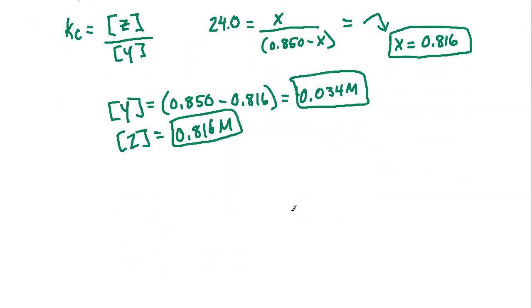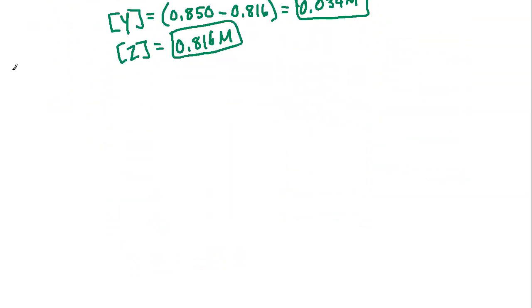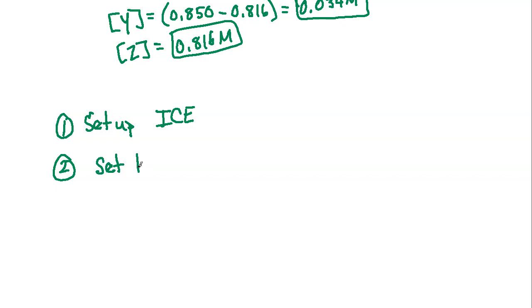All right, so just to recap the steps here before we break out into a slightly more difficult equation. Step number 1 that you want to observe is to set up your ice table. So your ice calculation, whatever you want to call it, you need to set that up and get your values in there. Once you have your ice, you're going to set your Kc equal to the ice, and specifically the equilibrium portion of the ice, x values.